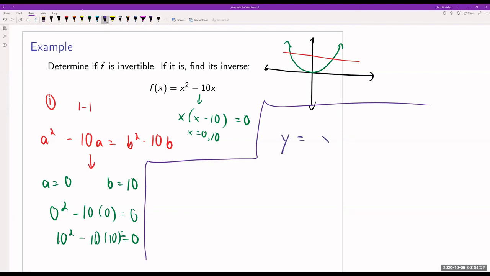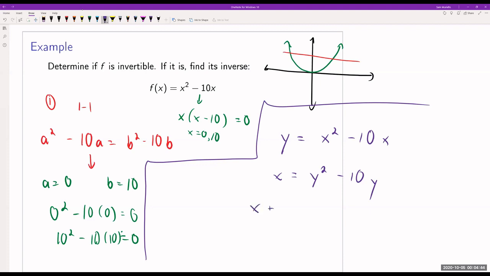Y is equal to x squared minus 10x, which means that x is equal to y squared minus 10y. Immediately I see an issue, because if I was going to try to solve for y here, what I would need to end up doing is completing the square.